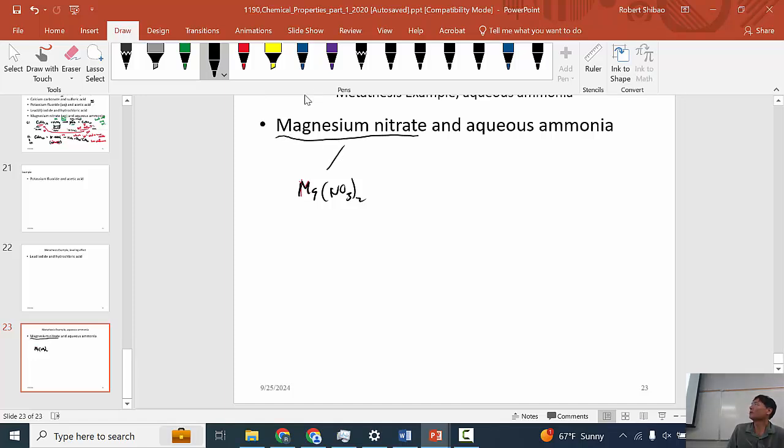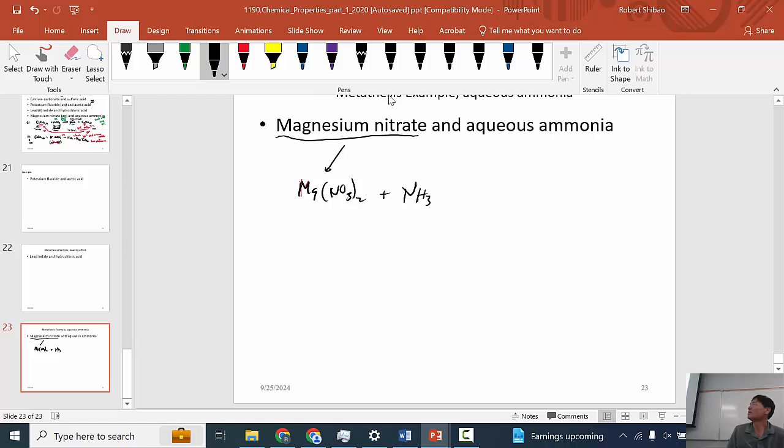You have to write the formula. If you get the formula wrong, then you lose a lot of points. So by exam 2, you definitely have to have your nomenclature down. Otherwise, significant points lost.